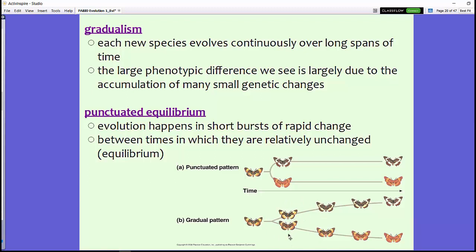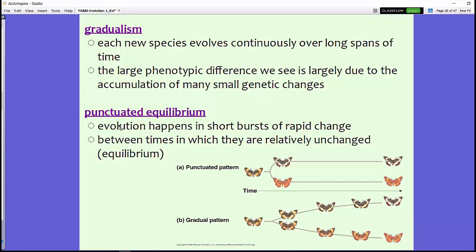See here, we have a very slight difference in this first organism. It kind of looks like a moth or perhaps a butterfly. There's a very slight difference in the coloring of the wings in this very first picture. But as you see, it moves forward. This bottom row shows a different species, whereas this top row will form a different species. Very gradual changes along the way change the phenotypic difference.